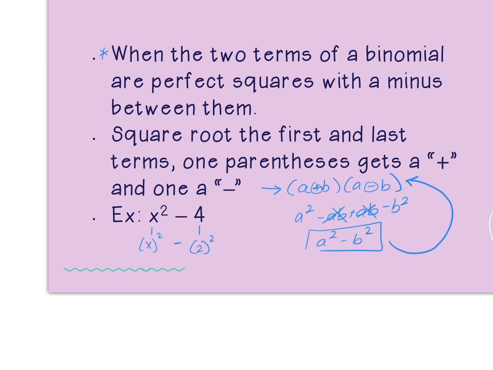Because the first term has a square root, the last term has a square root, and it's separated by a minus, this is an x plus 2 times an x minus 2 situation. Those are my factors. Remember, this is like your a, this is like your b, so it's a plus b times a minus b. And these are the factors that created this binomial when multiplied.